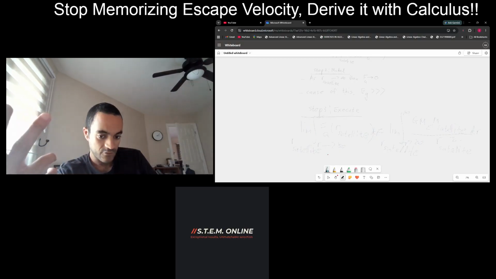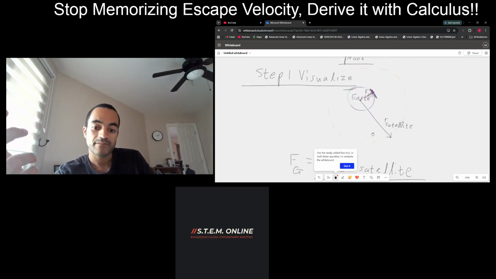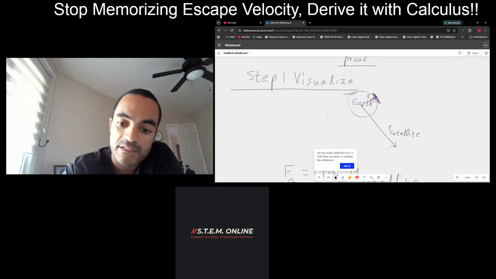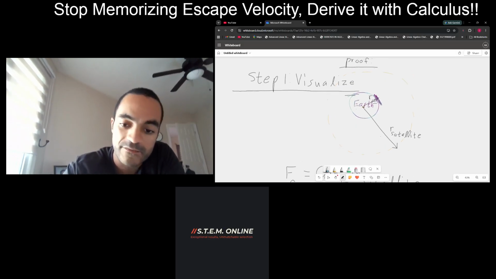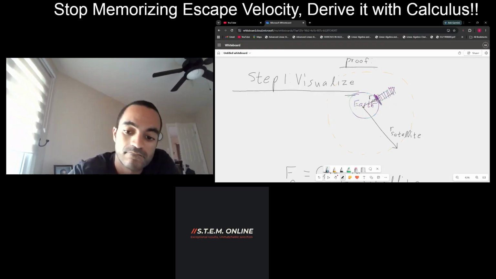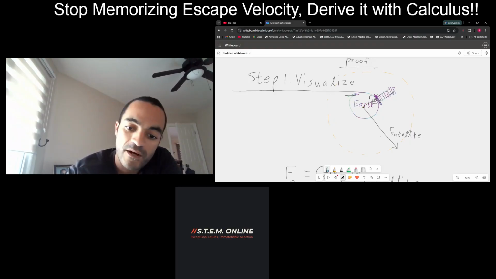The reason why I have to integrate from R to infinity is if you look back at our little planet here, planet Earth. The satellite, by common sense, will be on the surface of Earth. Can't be in the center, that won't make sense. So we're measuring from the edge of the surface of Earth.